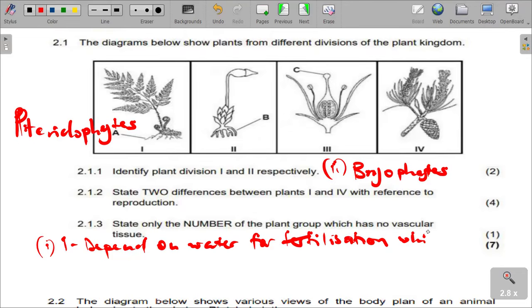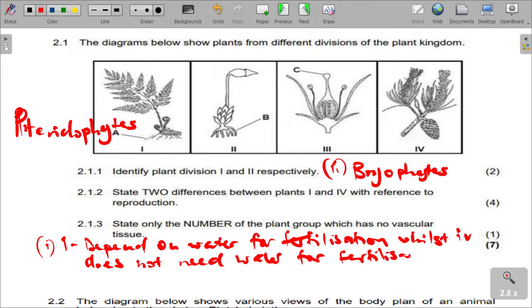Whereas four does not need water for fertilization. And then we can also say something else about number one.